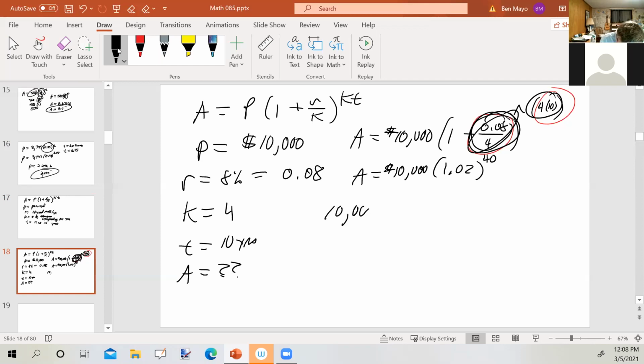If we were sticking with the whole thing, you'd put it in the calculator this way: 10,000, parentheses, 1 plus 0.08 divided by 4, close parentheses, then the little power or caret key, parentheses, 4 times 10, close parentheses, equals. If you have your calculator with you, I suggest you try this just to make sure that it's working.